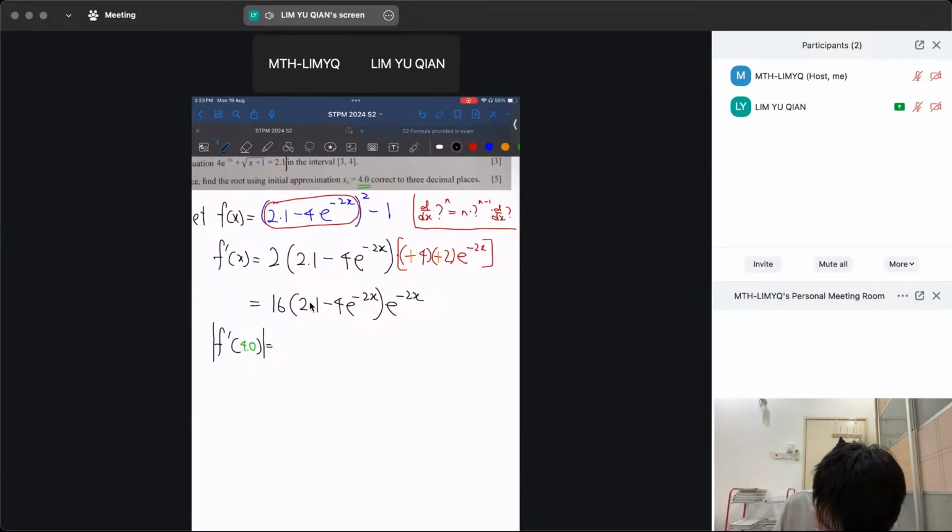Its modulus value is equal to 16, 2.1 minus 4 times e negative 2 times 4.0.